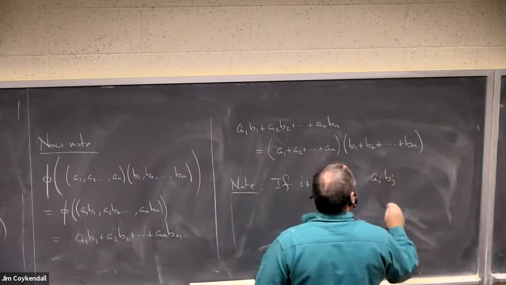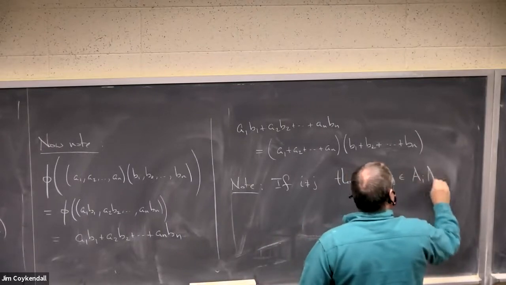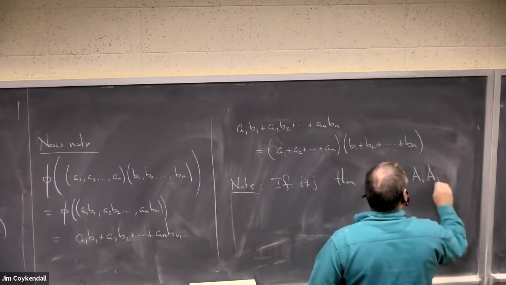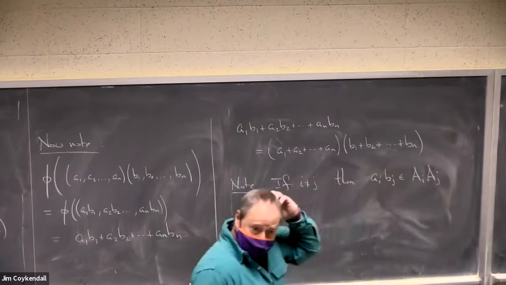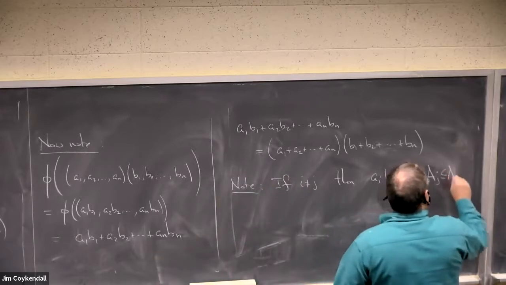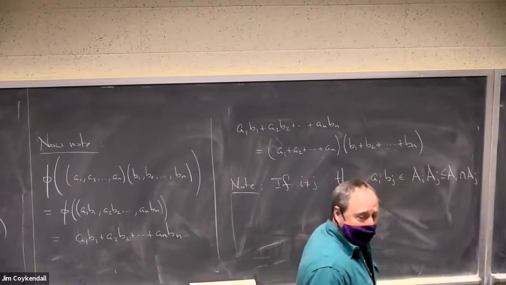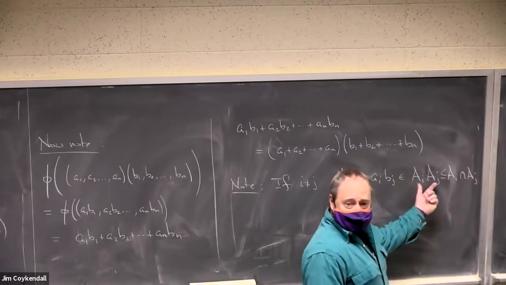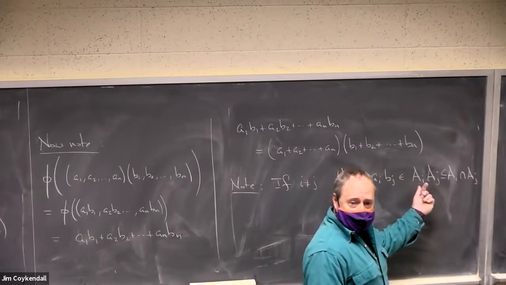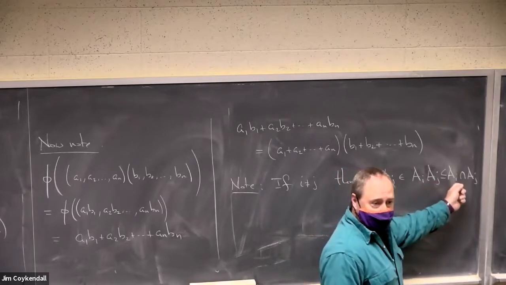The product a_i b_j is actually contained in A_i. These are ideals, right? Everything in this product is in A_i, and everything in this product is in A_j, so it's in the intersection.